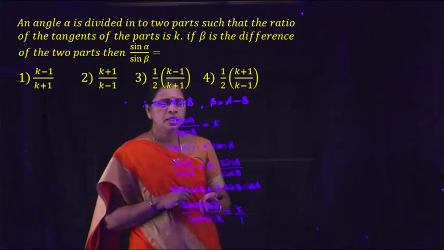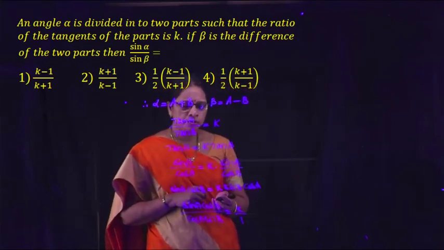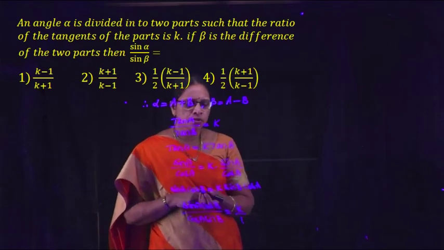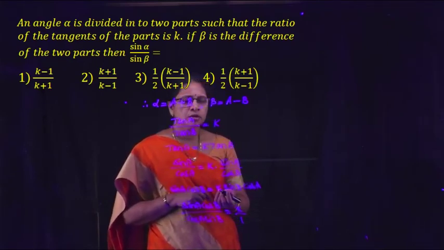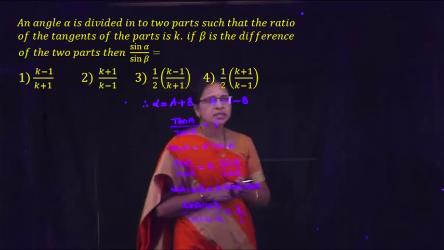We know that the componendo and dividendo rule is, if A by B is equal to C by D, then (A plus B) by (A minus B) is equal to (C plus D) by (C minus D).